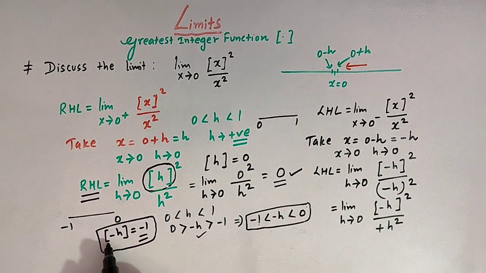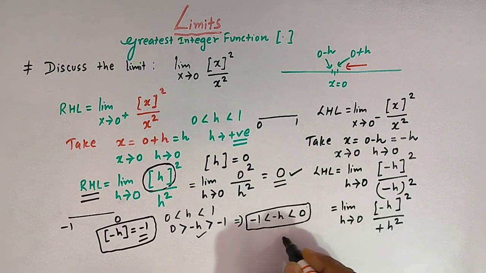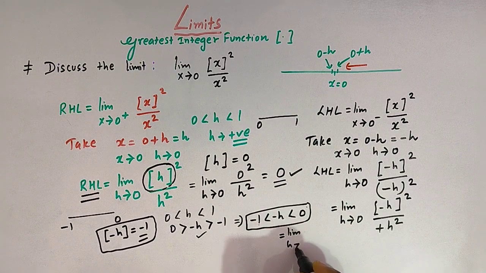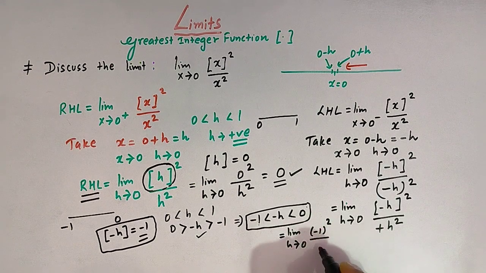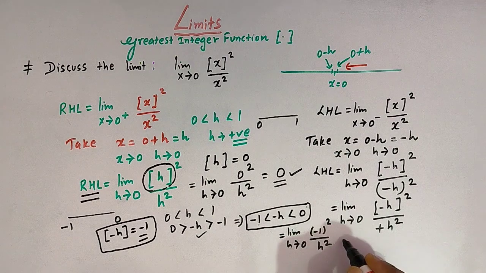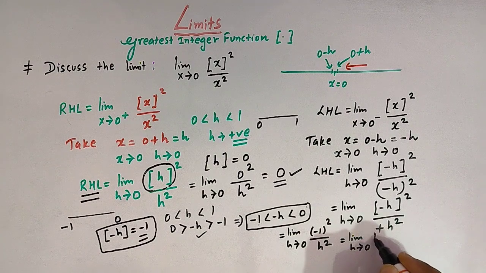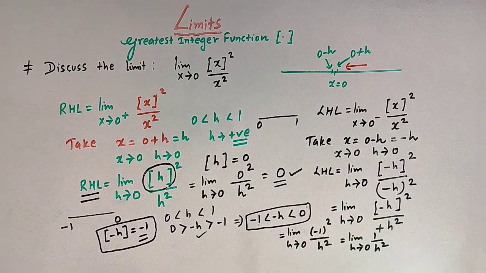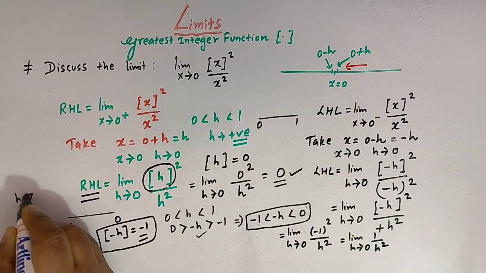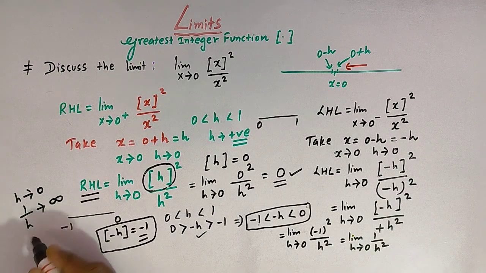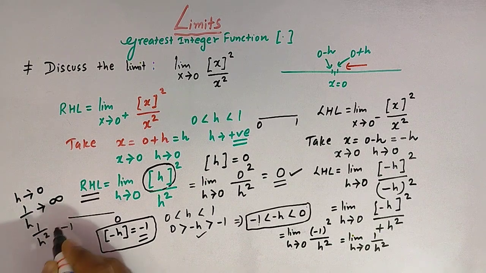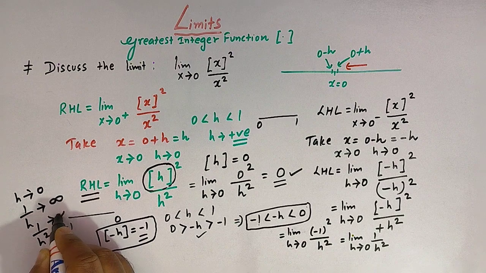So if we take this value here, we get limit h tends to 0 of minus 1 squared over h squared. Minus 1 squared is simply 1, so we have 1 over h squared. When h tends to 0, obviously 1 over h tends to infinity, and similarly 1 over h squared also tends to infinity.